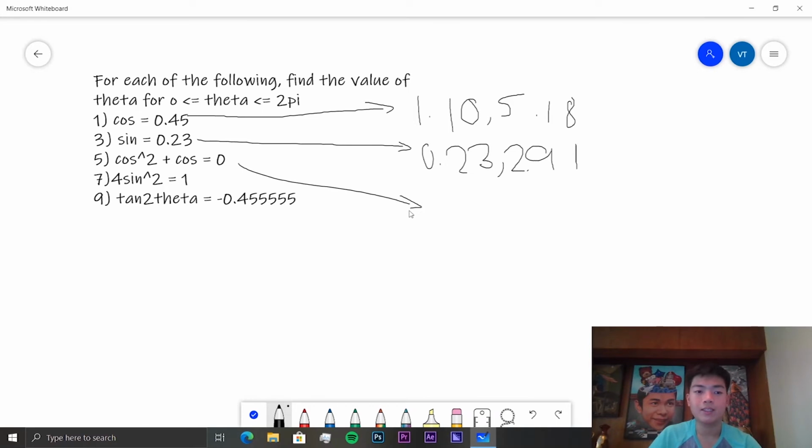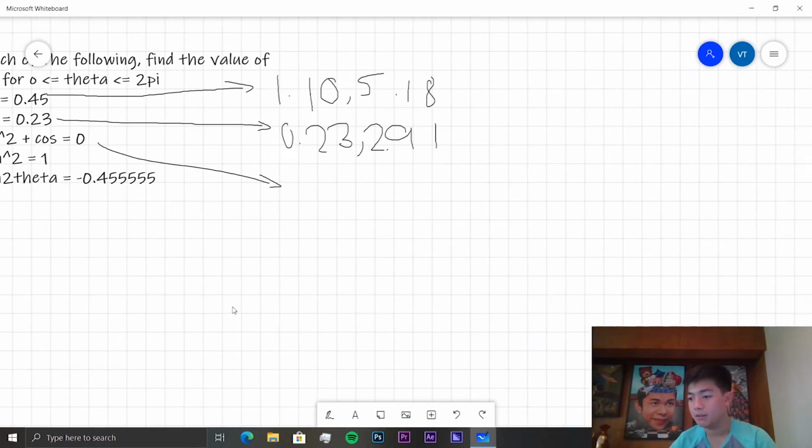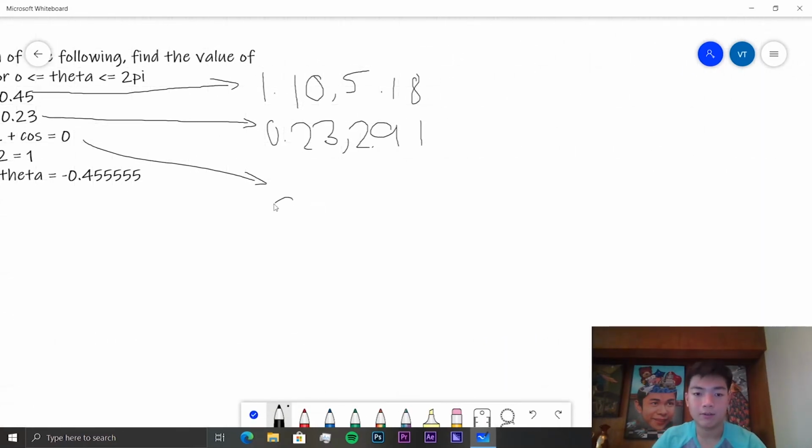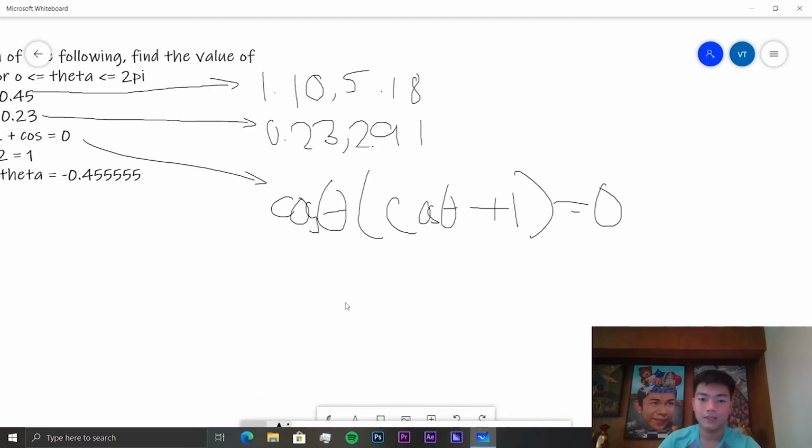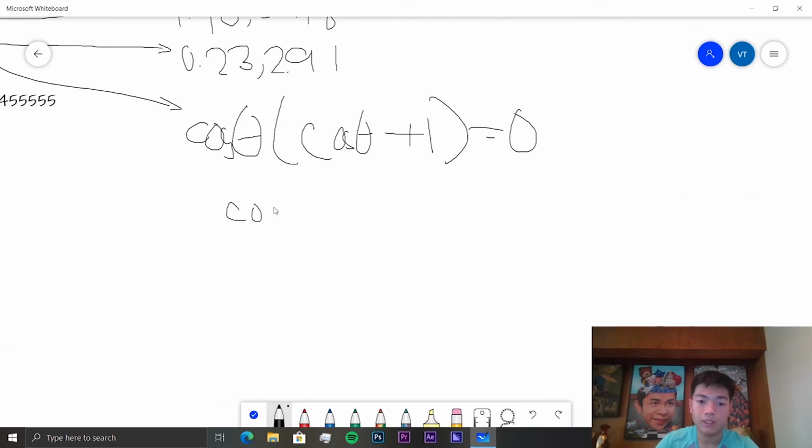Next, we have cosine squared theta plus cosine theta is equal to 0. This is equivalent to cosine theta times cosine theta plus 1 equals 0. So either of these two cases needs to be equal to 0. When cosine theta is equal to 0, theta is equal to 90 degrees, or pi over 2, or 3 pi over 2.